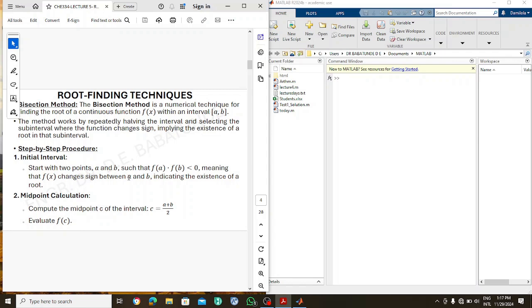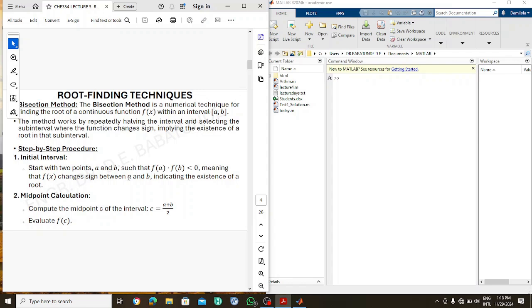So how do we now get the roots if you are using the bisection method? Before you can say this function even has roots lying in this interval, you have a function f of x, so you put a inside f of x, you get a value.